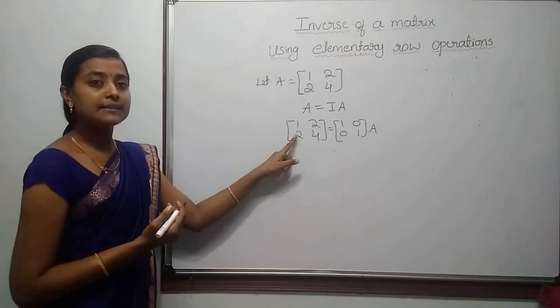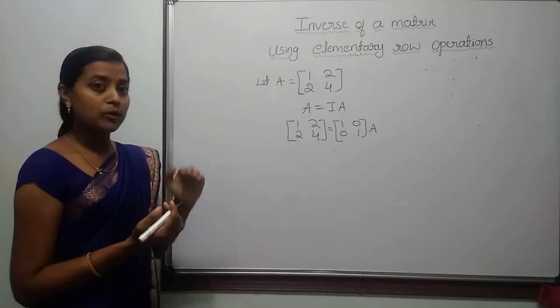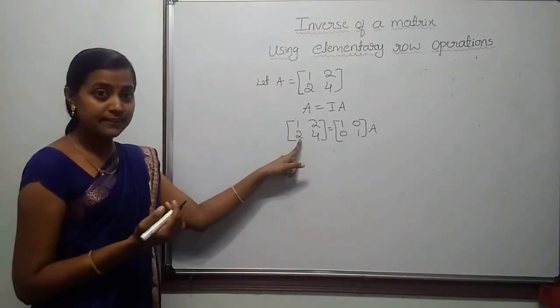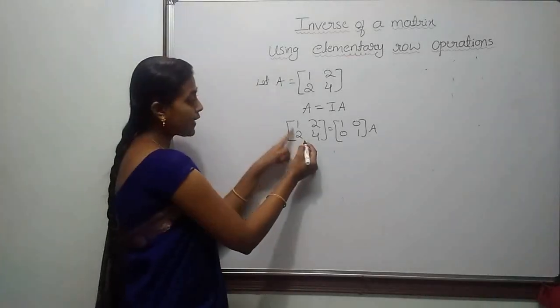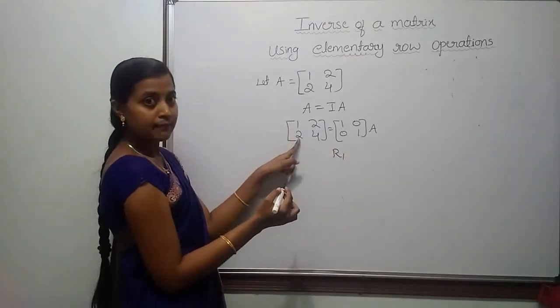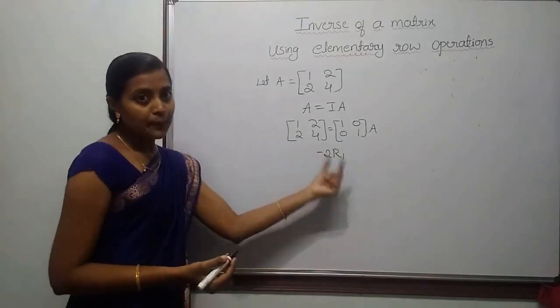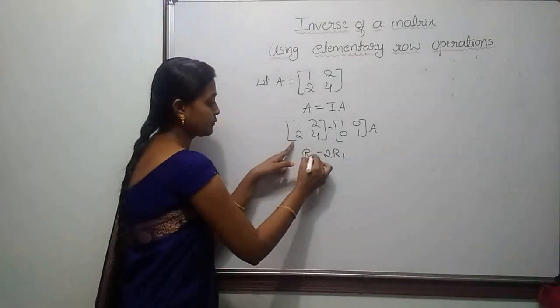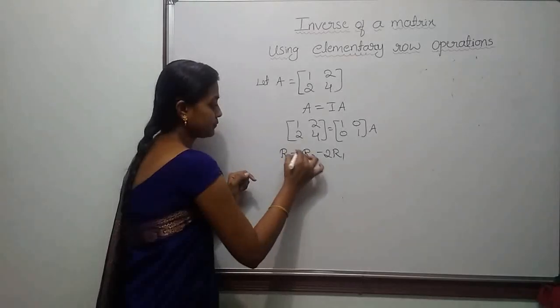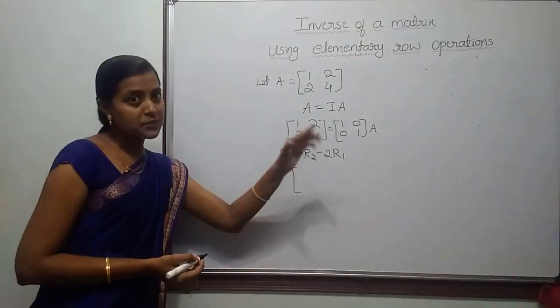We have to make the element lying in second row first column 0. We already know how to make this element 0. Multiply first row by the value of this element and subtract this from the second row. I'll write the elements of first row as it is.